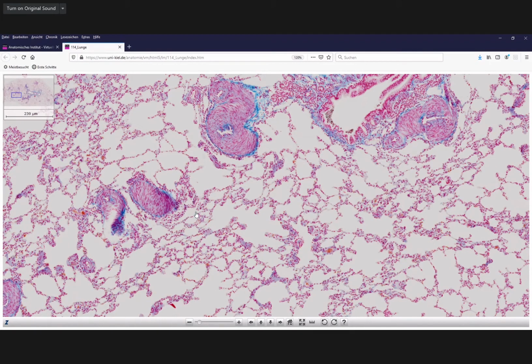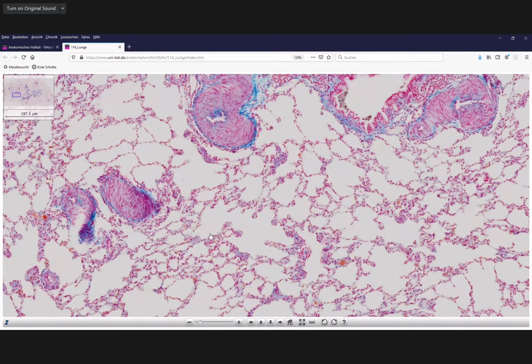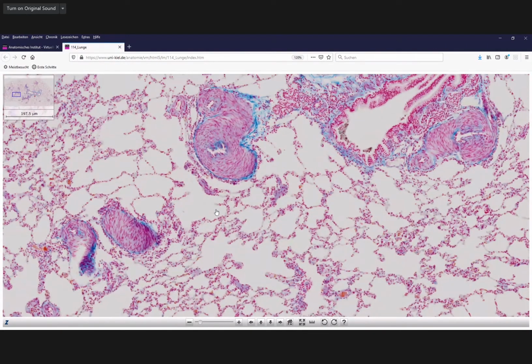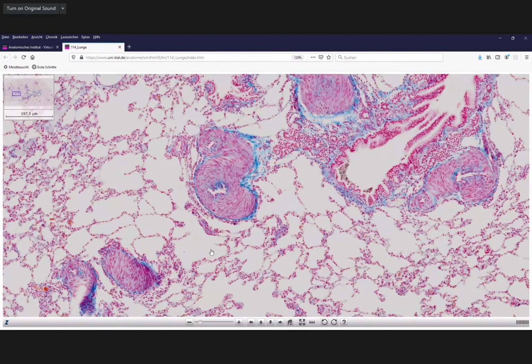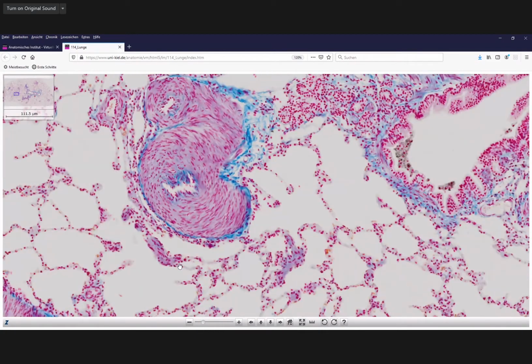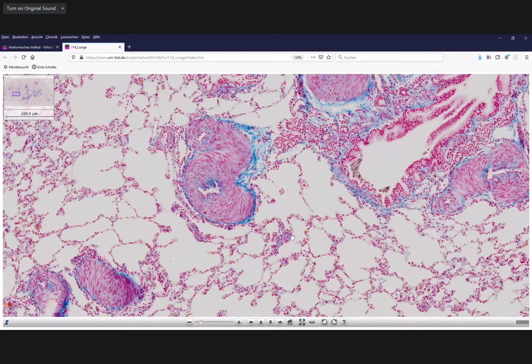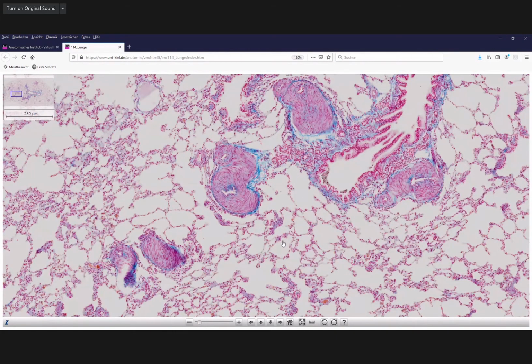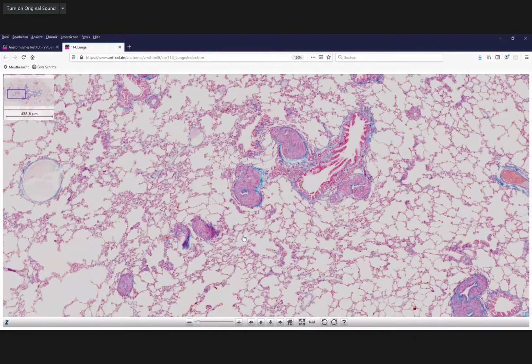And I have no idea why this animal had these very thick vessels. That's quite strange, but for some reason, this animal had it. I have no idea where it comes from. I'm sorry.